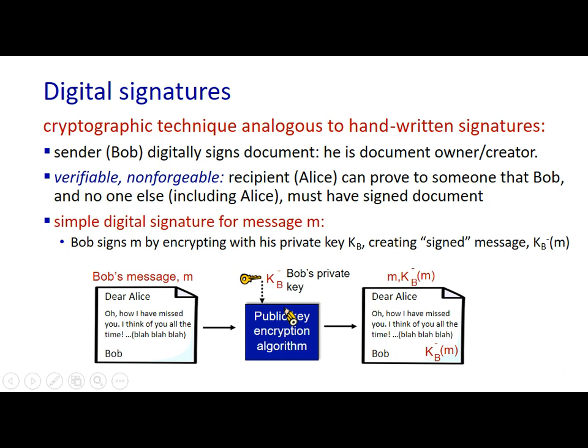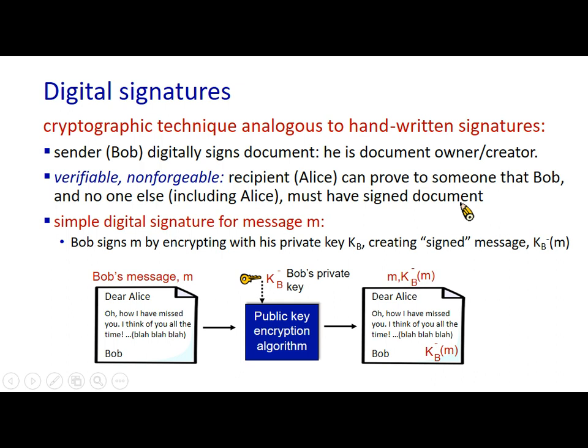Cryptographic technique analogous to handwritten signatures: the sender Bob digitally signs the document, establishing he is the document owner and creator. It is verifiable and non-forgeable: the receiver Alice can prove to someone that Bob, and no one else, must have signed the document.